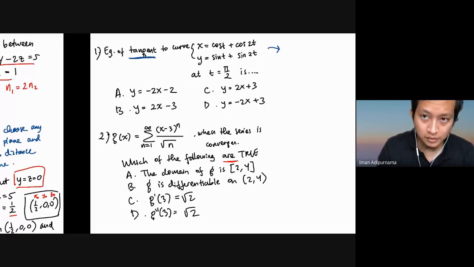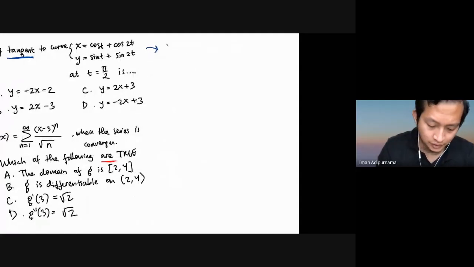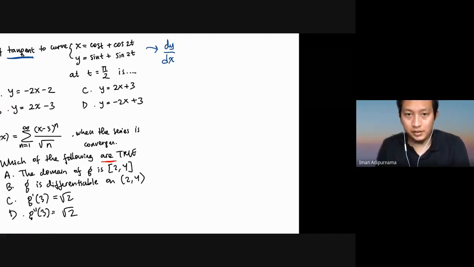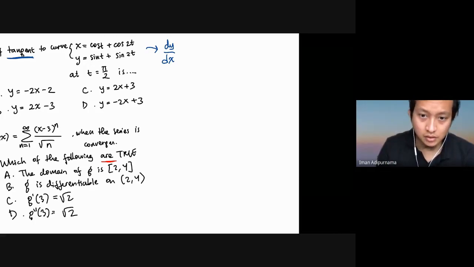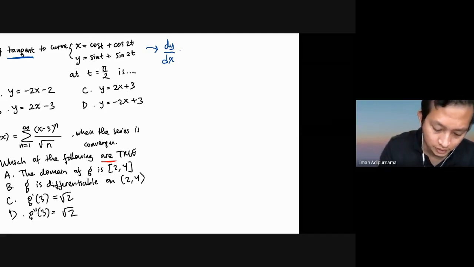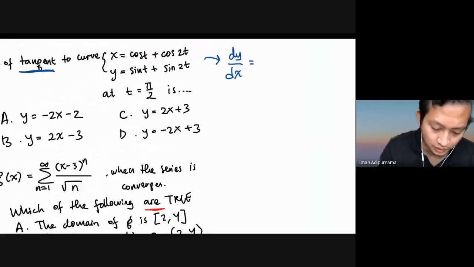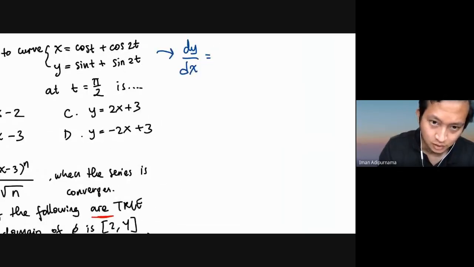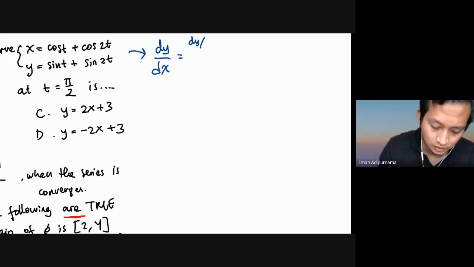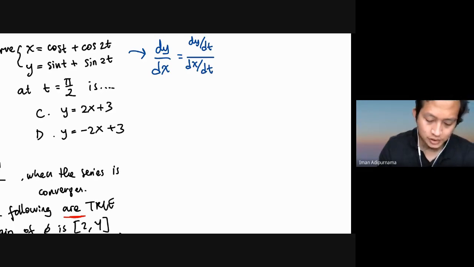Everything about tangent is solving and finding this dy over dx, whether it's parametric or Cartesian. So dy over dx in these terms, because we have parametric t, we will write down this definition, because of the chain rule.